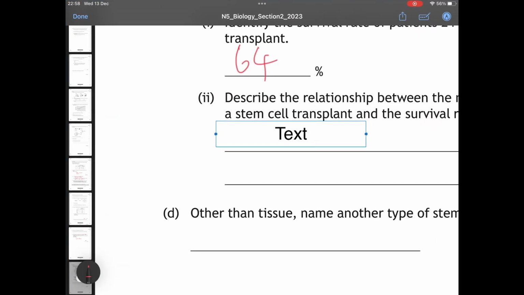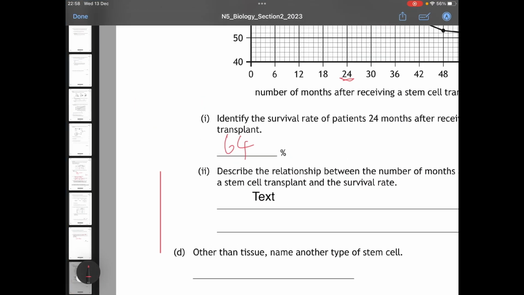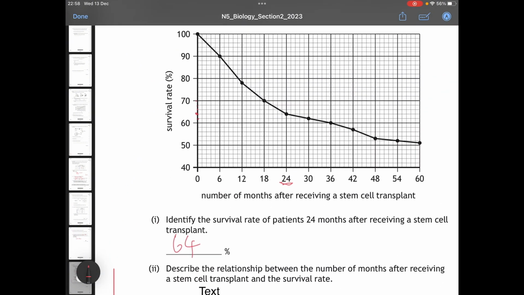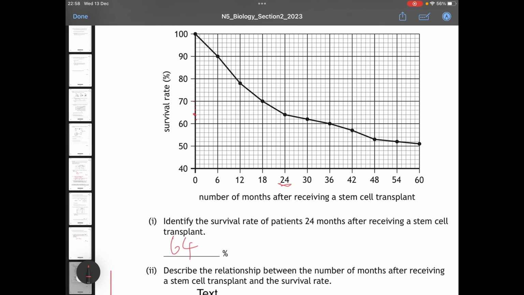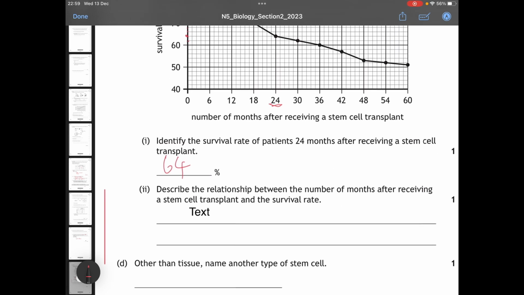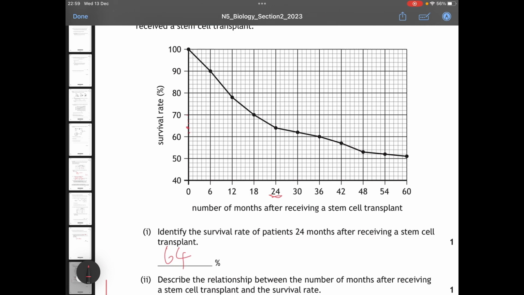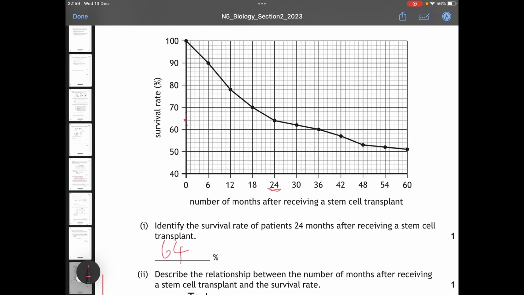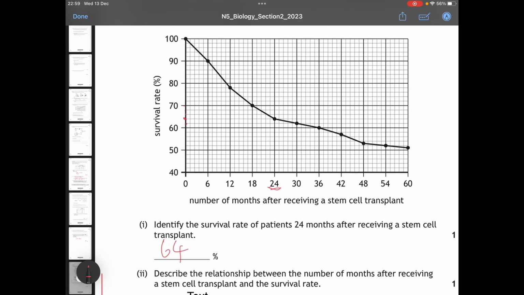So the only unit we've got is on our y-axis, and that's percentage, so I must remember to put percentage in my answer. So we're going to say, as we can see over the course of this study, there's only one change, only decreases. And that's why this is a 1 mark question. Sometimes if it decreases then levels off, or increases then decreases, it's for 2 marks. But for this one, it's very simple.